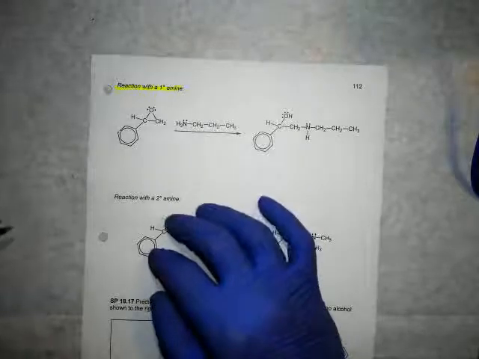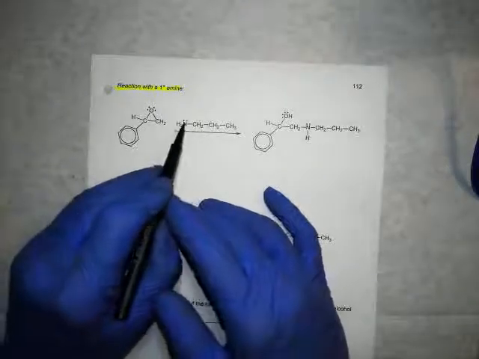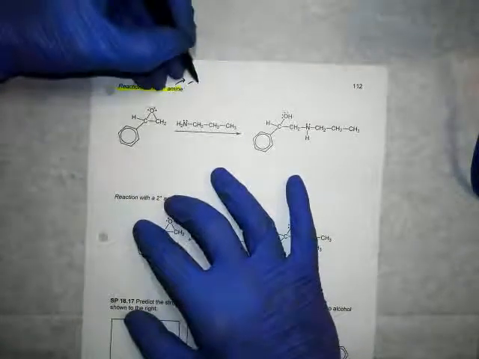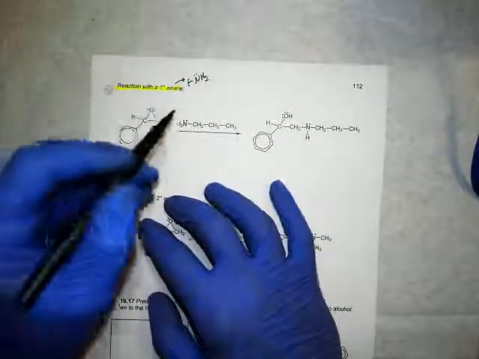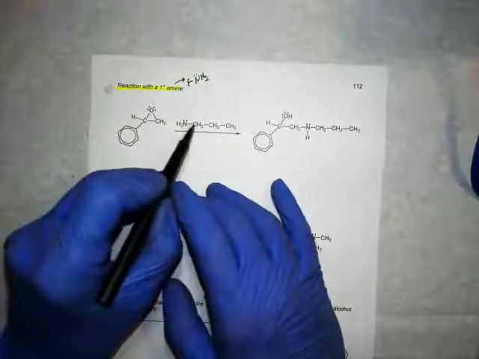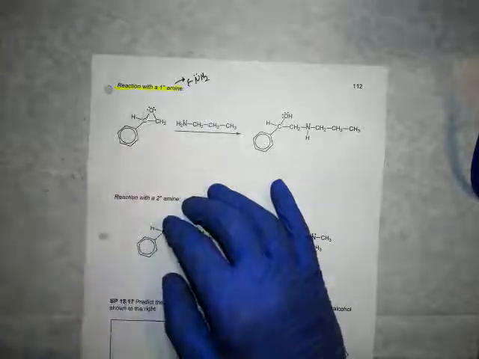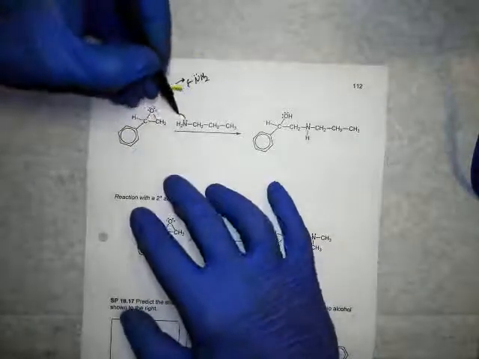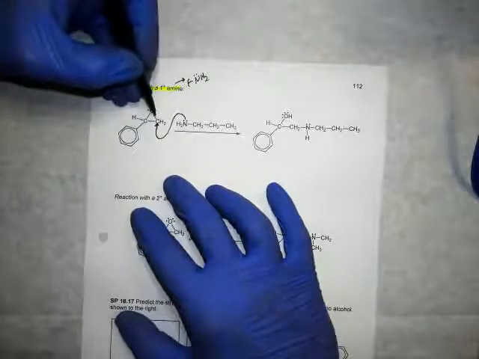So let's get a feel for what's happening. Now, primary amines are always characterized by NH2s, so you see an NH2 bonded to a carbon. But the real reason they're called primary is because the carbon that bears the nitrogen has only one carbon attached to it. It works the same way as alcohols. So this will act as a nucleophile towards that methylene.